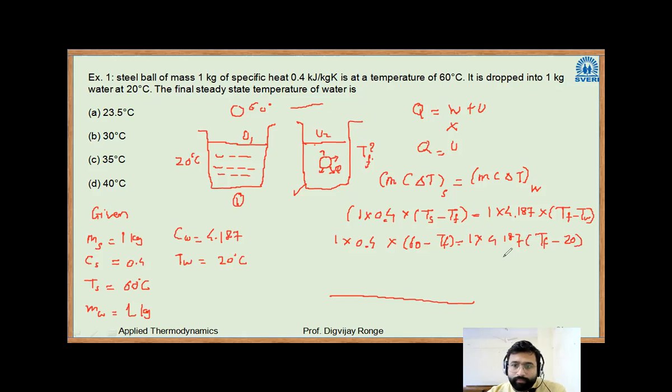Now solve this. How to solve this? You take these terms on one side and the other terms on the other side. So here I will put 60 minus Tf equal to 1 into 4.187 divided by, so this term I will take into the denominator, 1 into 0.4, into in bracket Tf minus 20.